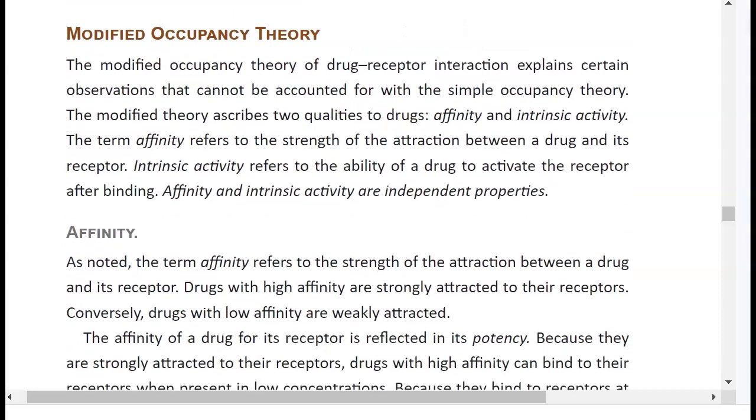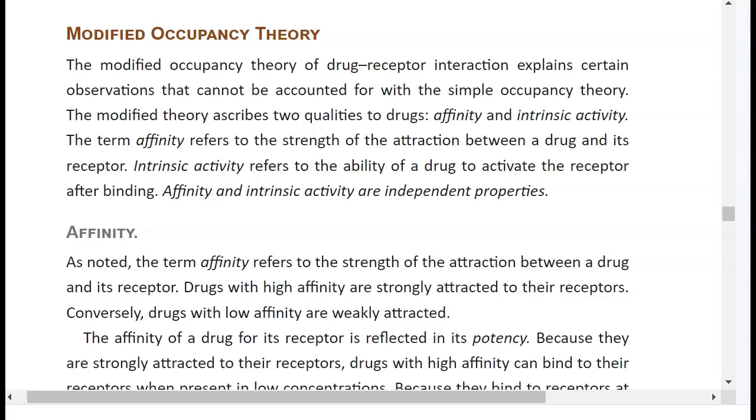So the modified occupancy theory says that we have affinity and intrinsic activity. So we've learned more along the way. And I want to take the time to go through this because this does come back up throughout the rest of the chapters. Affinity, please write this down and get this fresh in your head, pull it out from the cobwebs at the back of your mind from when we first learned about this, maybe for some of you decades ago.